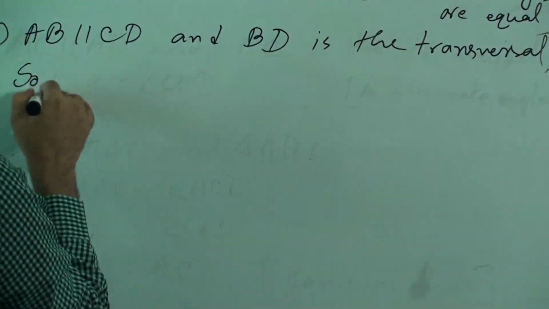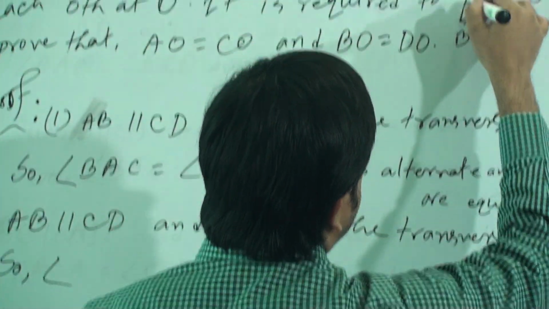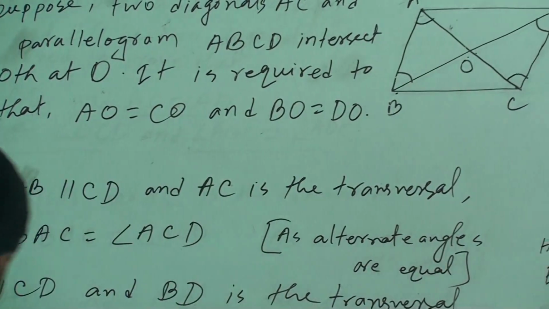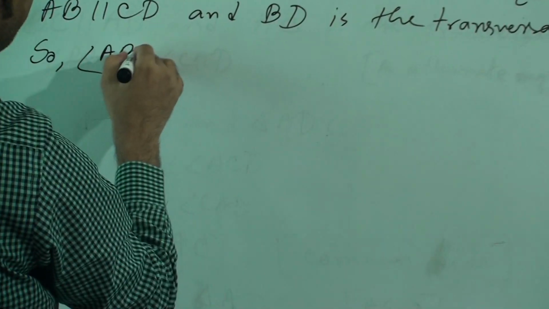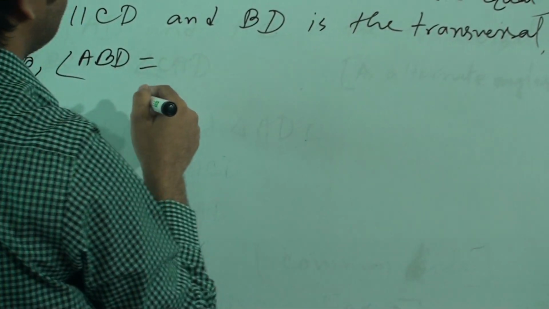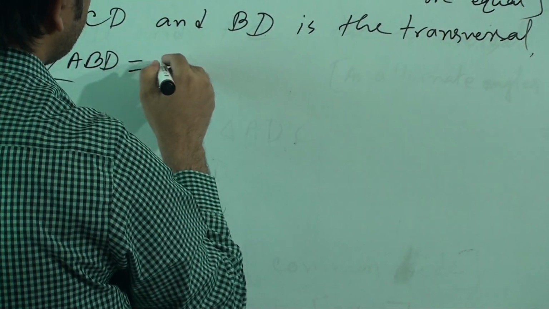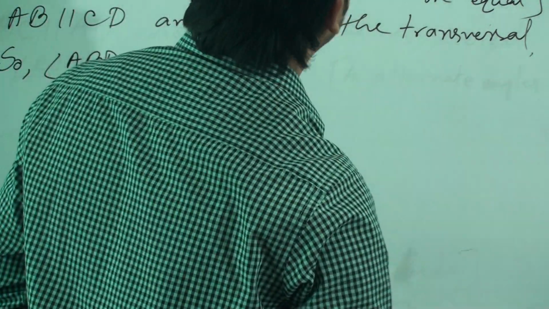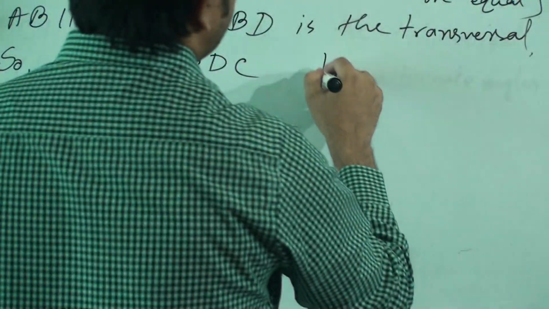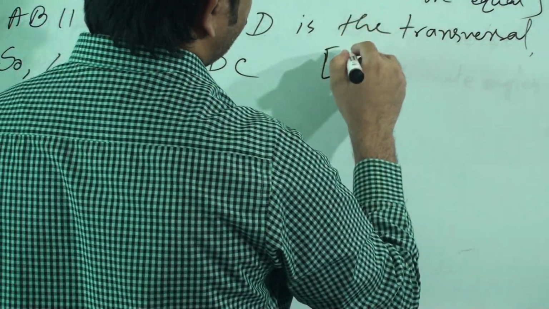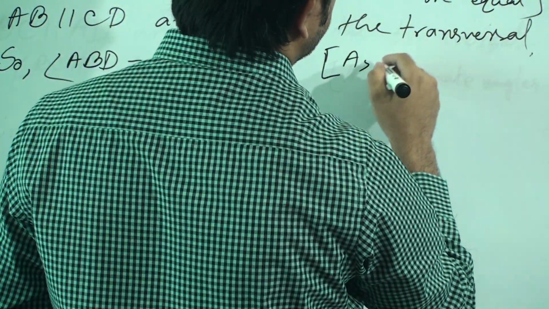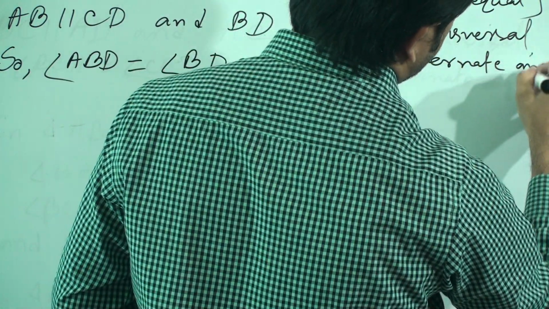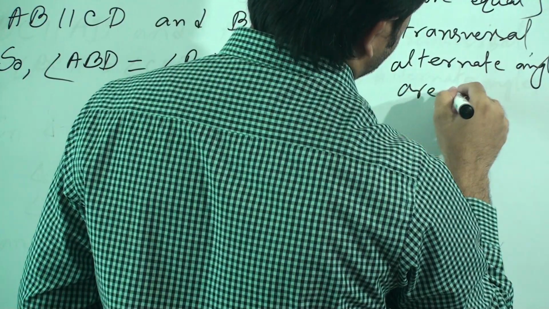So we can write angle ABD, this angle, is equal to angle BDC. The same justification: as alternate angles are equal.